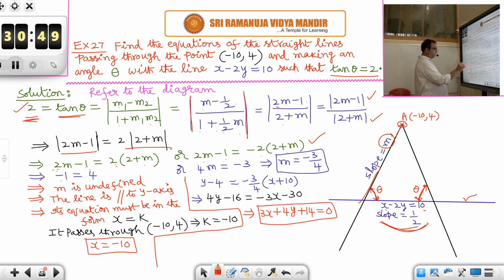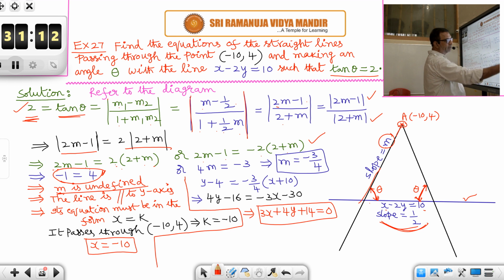2m gets cancelled, you will get -1 = 4. What is this, -1 equal to 4? Absurd thing. Here, it means that m is not defined, undefined, infinity. If m is infinity, then only it happens. Clearly, two lines must be there.